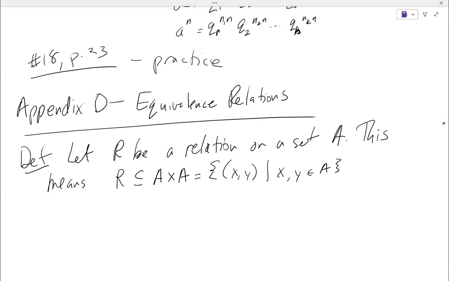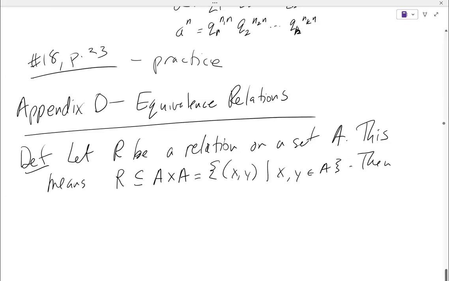When you write A cross B, it means the first component of your ordered pair comes from A, and the second component comes from B. But if I do A cross A, they're both coming from A. So for example, R cross R graphically is your plane, right? X is a real number, Y is a real number, and you get the plane. So when we say a relation on a set A, I just mean a subset of all the ordered pairs that you can make by using elements from A for your first and second coordinates. That's all I mean by relation.